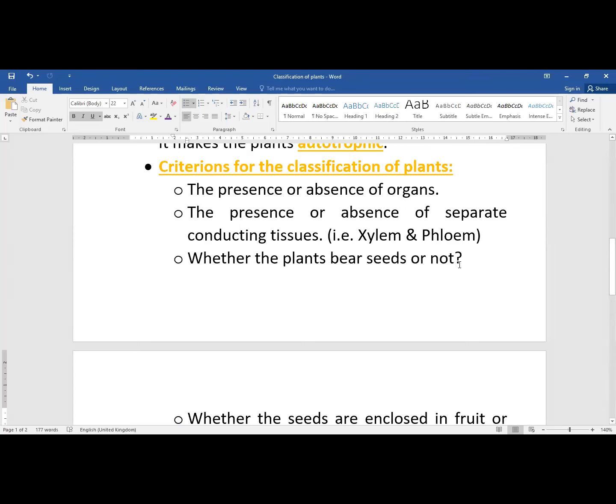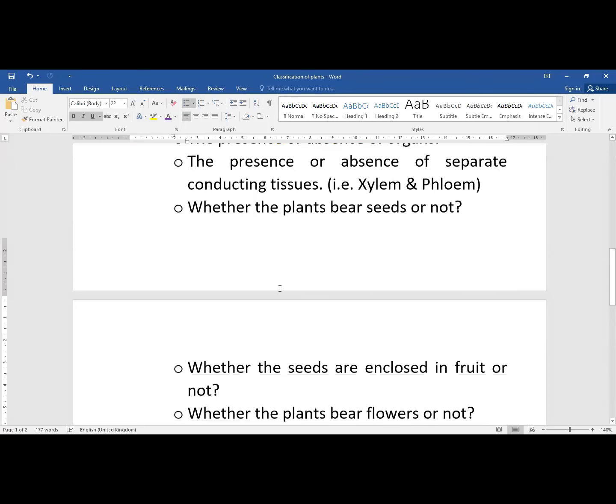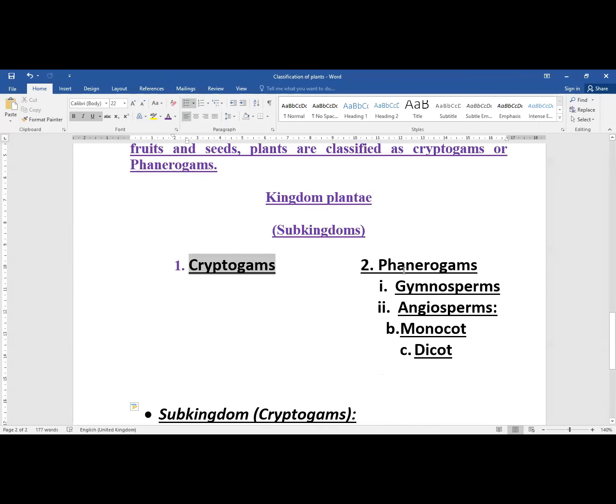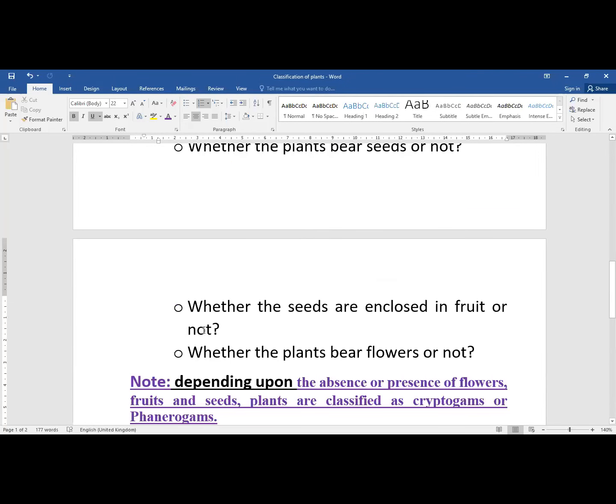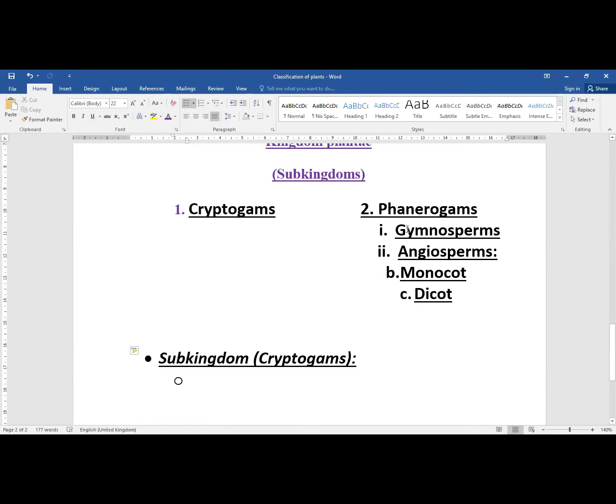The plants that do not bear seeds are the cryptogams, and the plants which bear seeds are phanerogams. Based on whether these seeds are enclosed in fruit or not, we have categorized phanerogam further into gymnosperms and angiosperms, and angiosperm is further categorized as monocot and dicot.